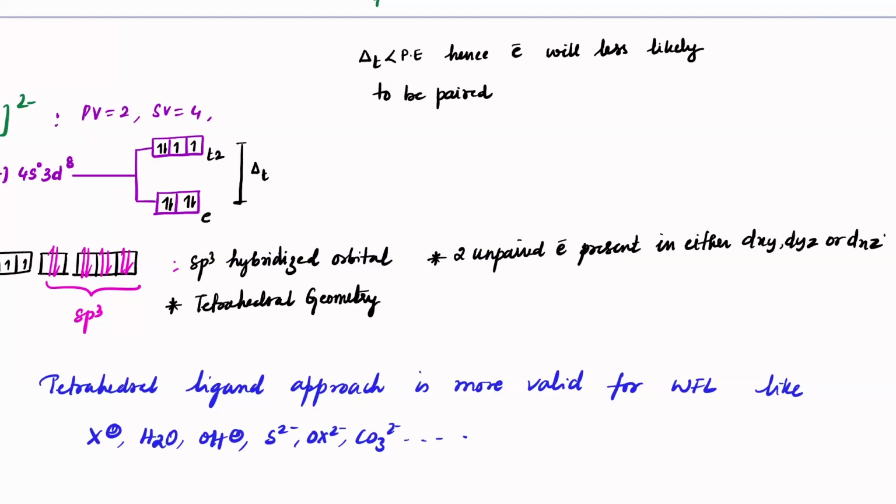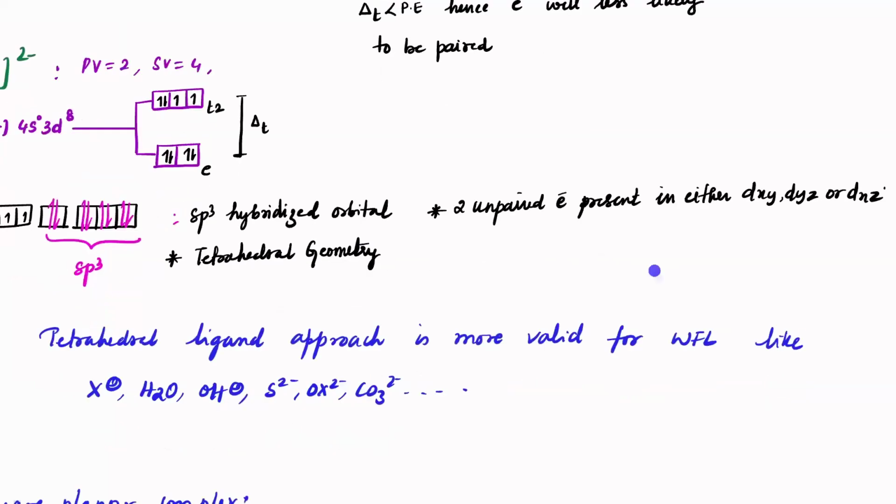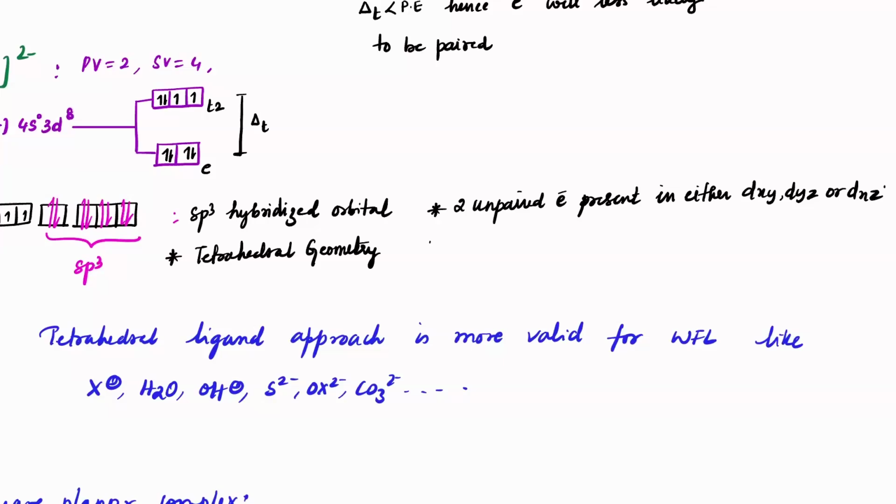And I can definitely say that they are not present in dx square minus y square and dz square. Got it? And since there are unpaired electrons, this would remain paramagnetic.